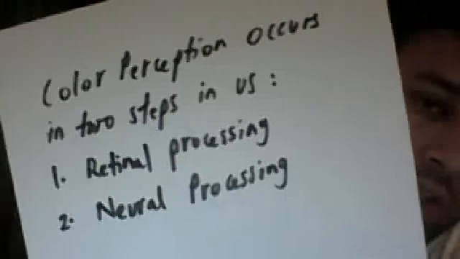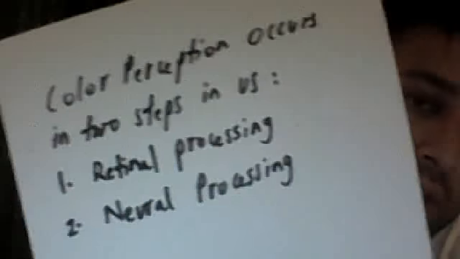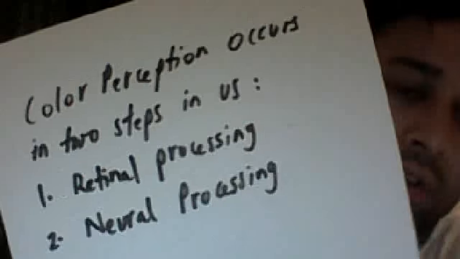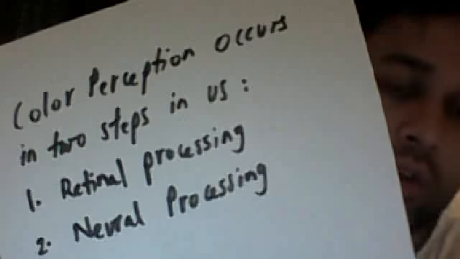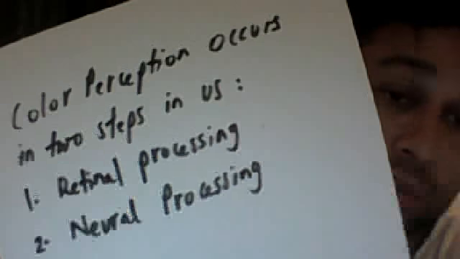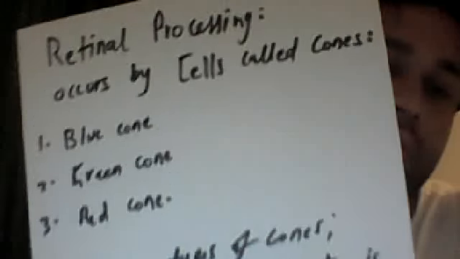So color processing has two steps. They occur firstly in retinal processing and secondly in neural processing. The retina is the back of the eye. Retinal processing occurs by cells called cones. There are three types of cones that most people have: blue cones, green cones, and red cones.